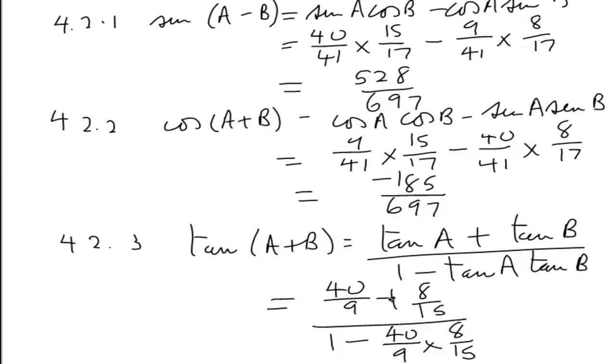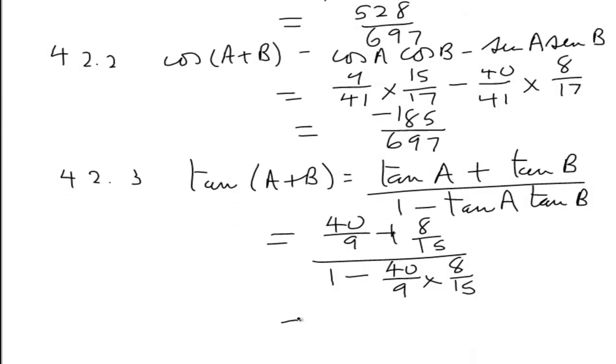Now when you simplify this, you will get minus 672 over 185. Now remember this, some of them may say you can't use the tan, but you can use it. Otherwise you'll have to go back and work from first principles each time.